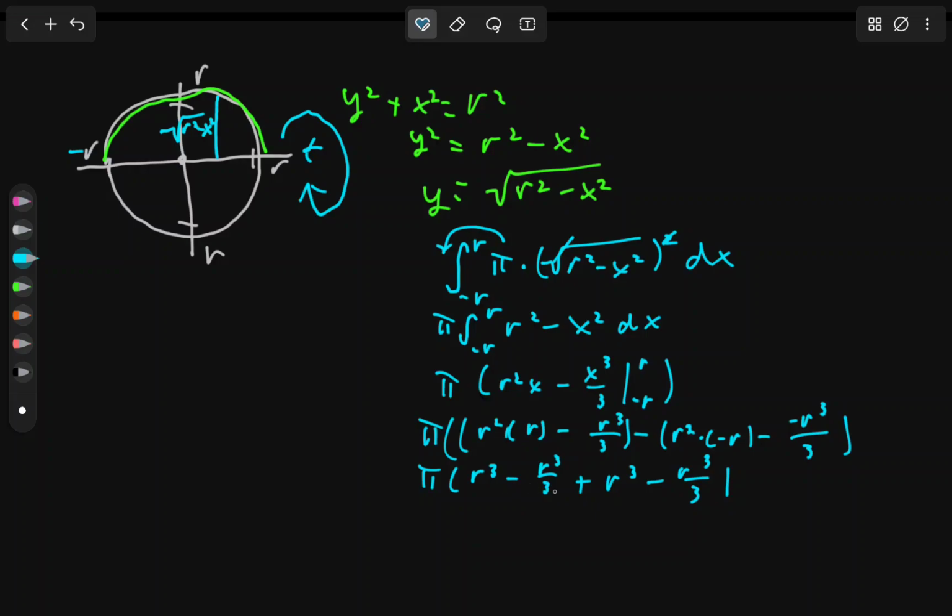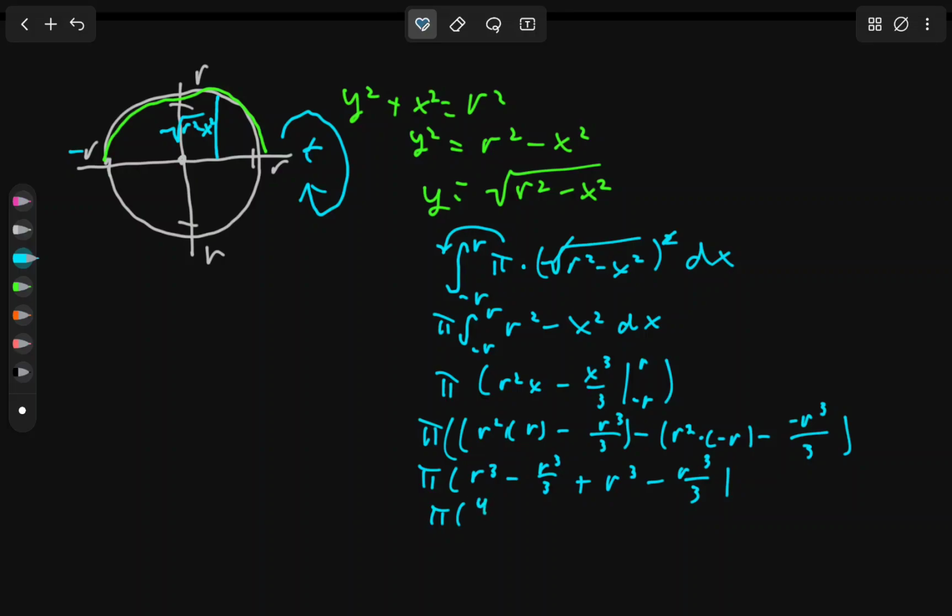Alright, so we have pi. Let's get common denominators here. So this is going to be 3/3, so 2/3 of r cubed, plus 5/3 of r cubed, minus another third of r cubed.